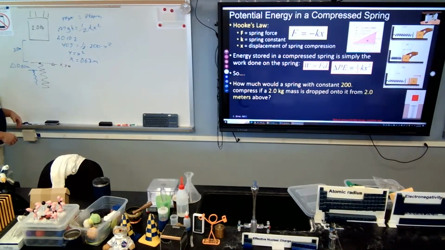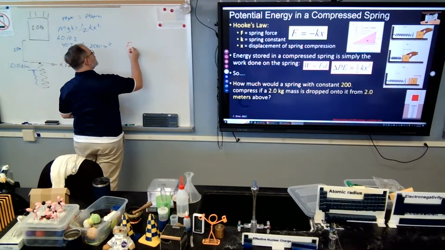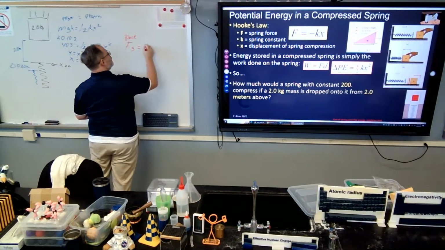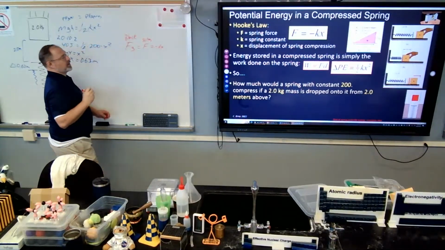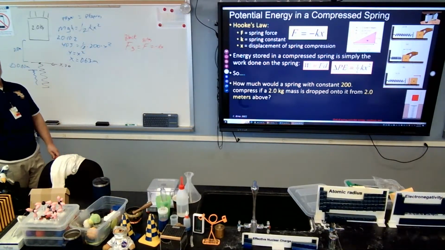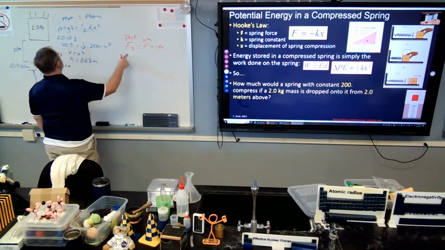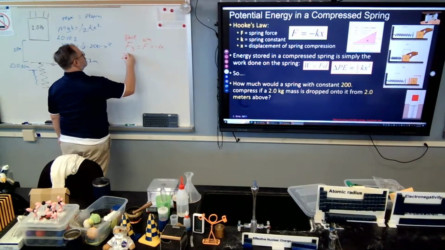So then we can do another equation, this time in red, where we're going to say the F of g of the block equals the F of the spring, which we know to be negative kx. So far, so good. So, what's the block weight? 2 times 10. 20 newtons?